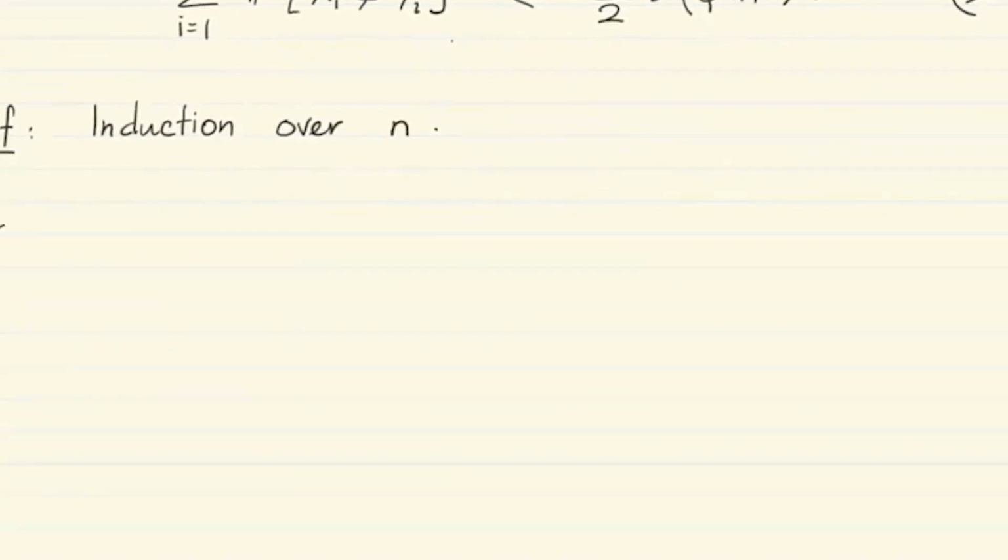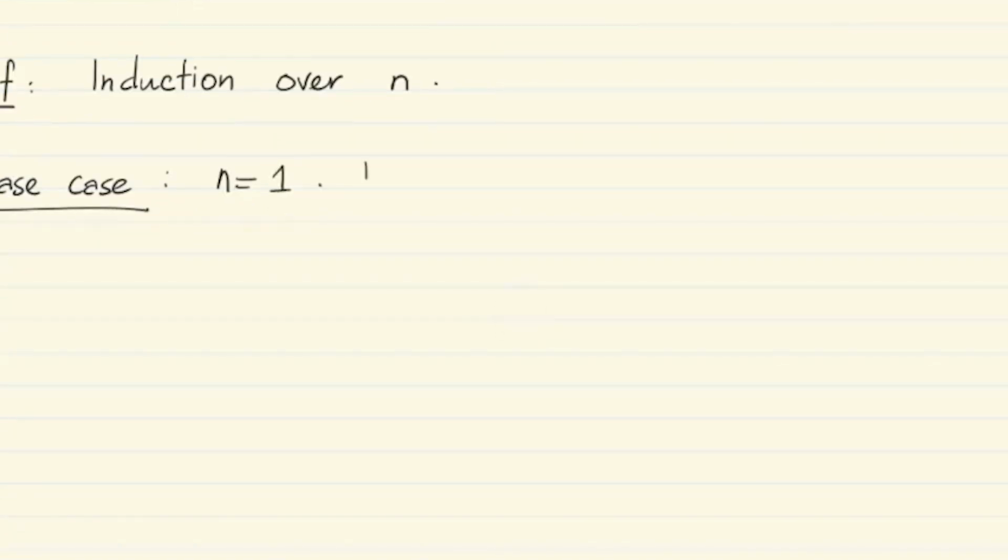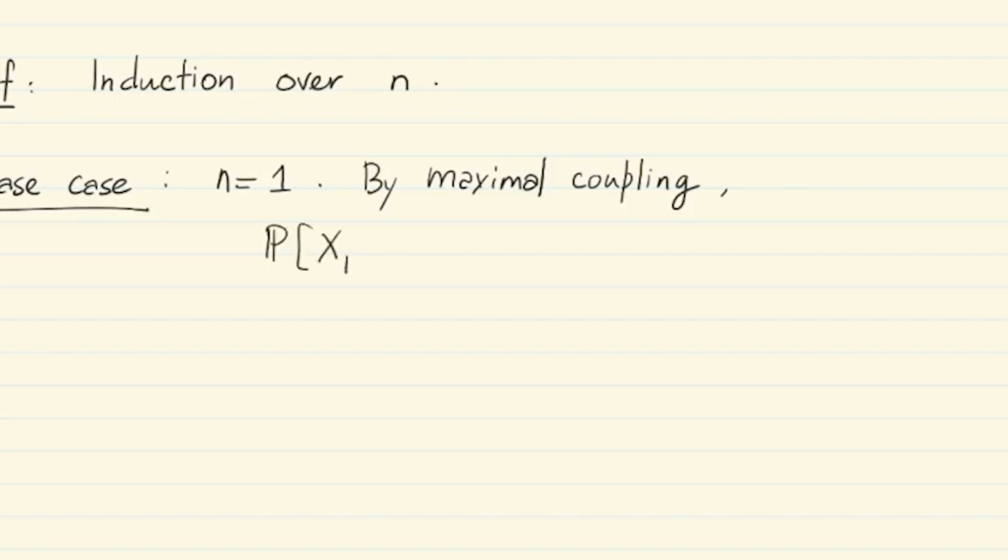So for the base case, this is itself an interesting problem. It's the n equal to 1 case, and we already know by the maximal coupling lemma that there exists one nice maximal coupling which can couple x1 and y1, such that P(x1 not equal to y1) equals d_TV(P, Q).